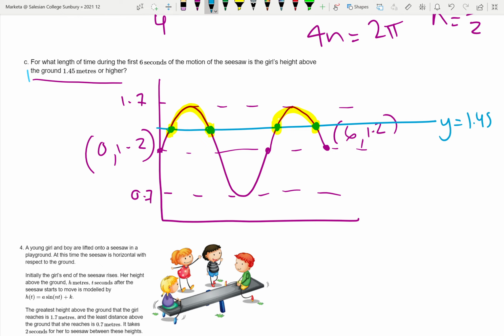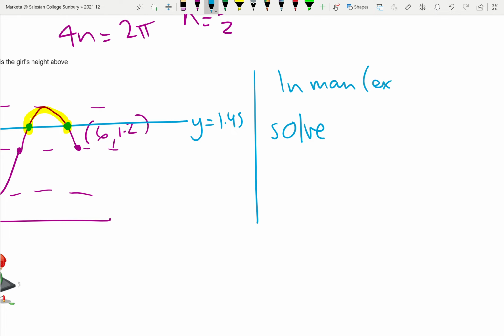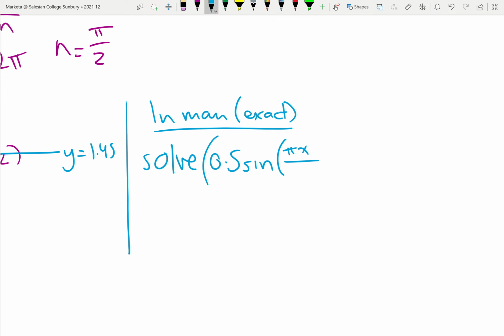So I'm going to use the solve function on CAS in main, because we want exact. So solve, what's our equation? 0.5 sine pi. I'm going to use x on CAS, it's just easier to find. On 2 plus 1.2 equals 1.45.